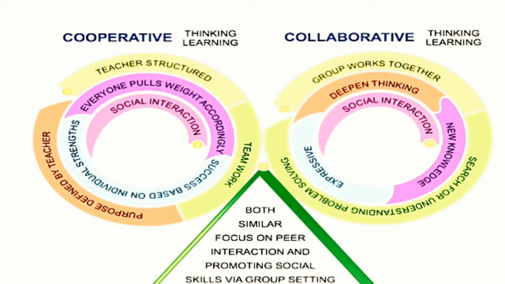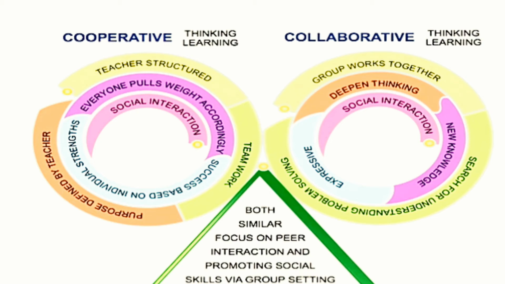Cooperative and collaborative learning are quite similar as they focus on peer interaction and promote social skills in group settings. But still, there is a difference between cooperative and collaborative learning. In cooperative learning, the teacher is the central part. The teacher has a main role, while in collaborative learning, it is more child-centric.